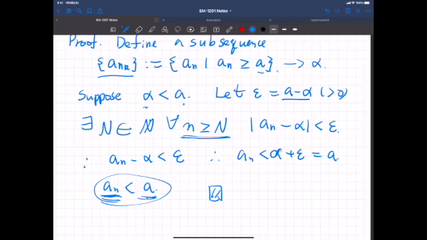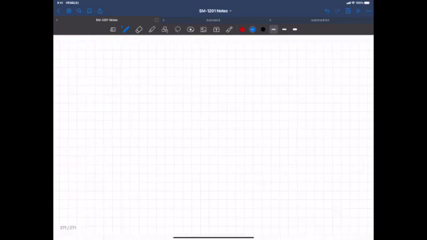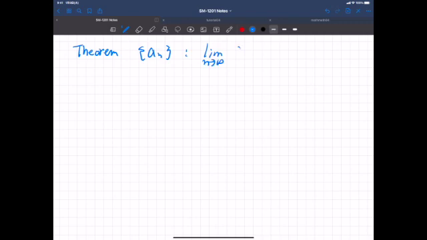The next theorem shows some basic properties of convergent sequences. Let an be a sequence that converges to alpha, and bn is another sequence that converges to beta. These are assumptions. Then we have the following.